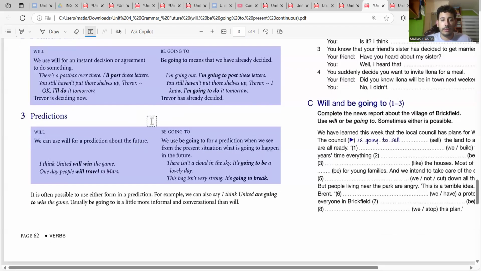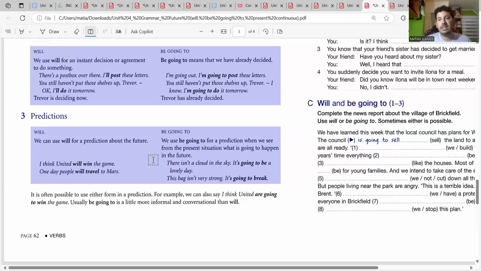And for predictions, we can use will for a prediction about the future. For example, I think United will win the game. I think Colo-Colo will lose the game, you know? And be going to, you use it for a prediction when we see from the present situation that it's going to happen.